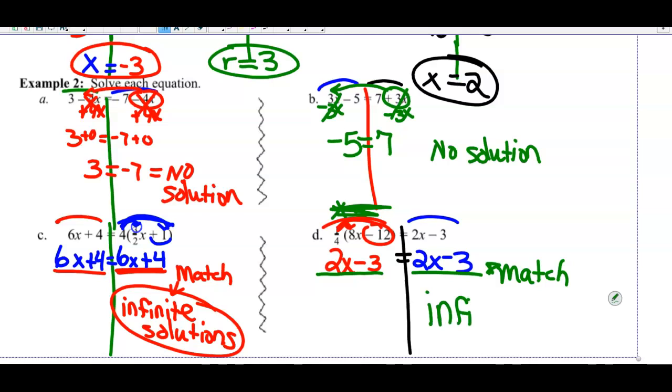It's infinite solutions, meaning any number you pick, I'm just going to abbreviate, it can go in there and it will be a solution. So those are the other 2 types that we are learning about, because before we were just doing the one solution.